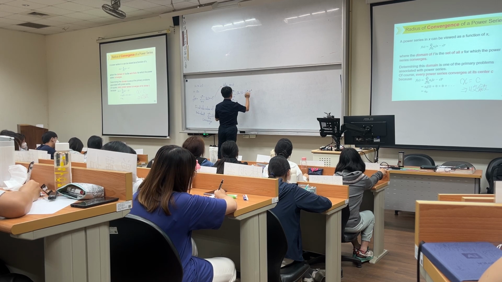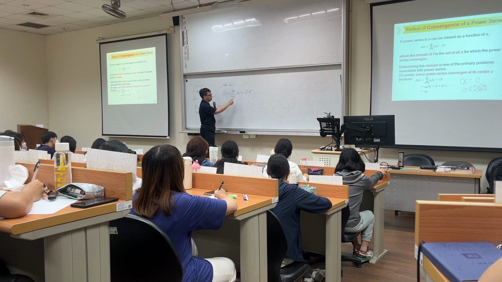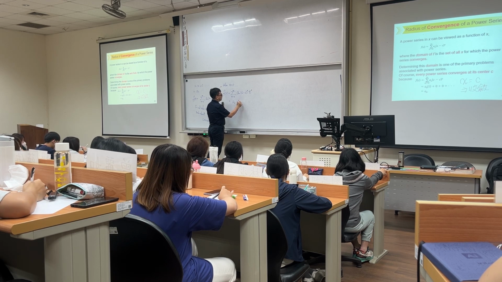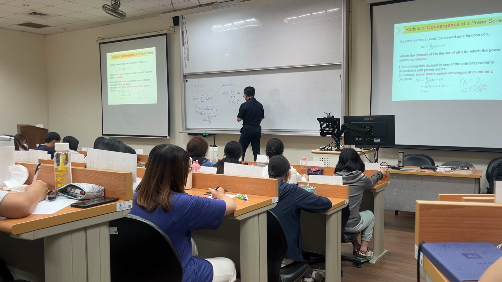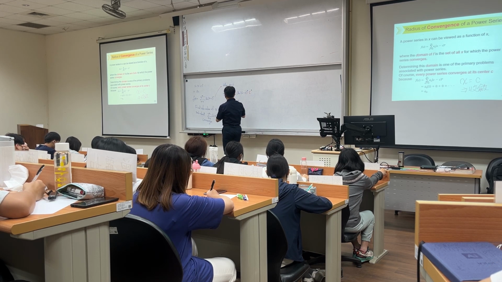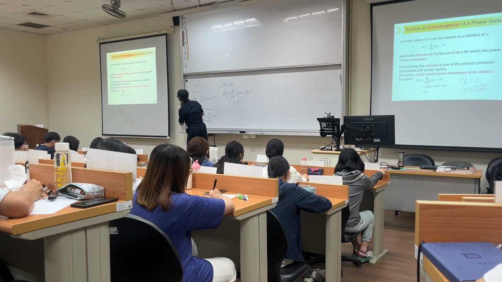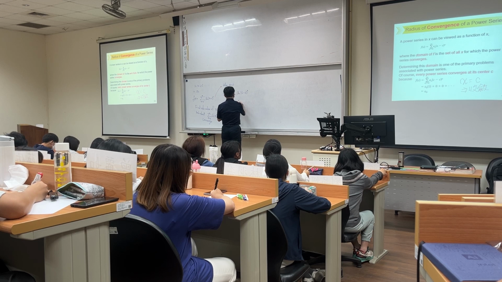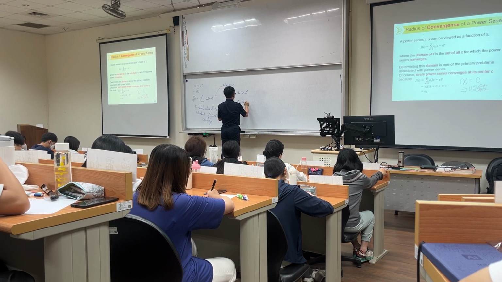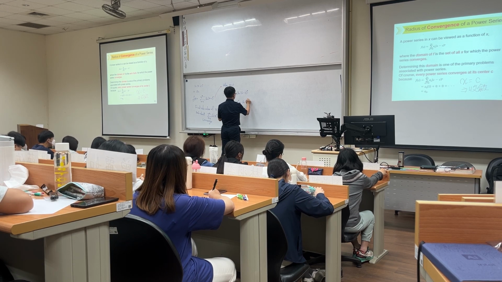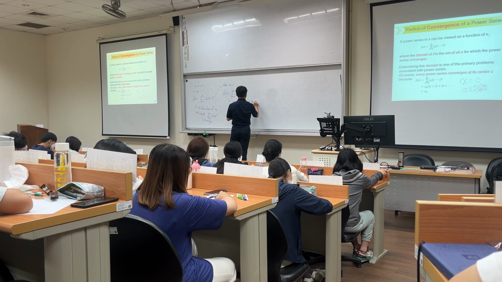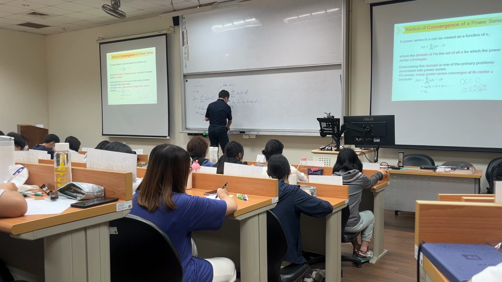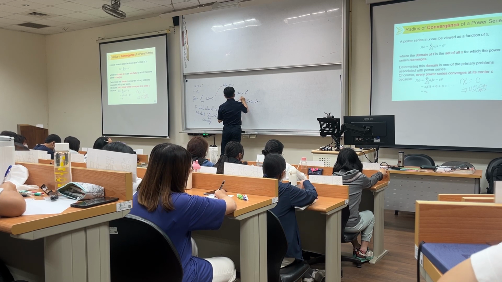You plug in from n equals 0: the first term is a0 times 0 to the 0 power, plus a1 times 0 to the 1 power, plus a2 times 0 to the 2 power, and so on and so forth. So you get a0, because 0 to the 0 power is defined to be 1.